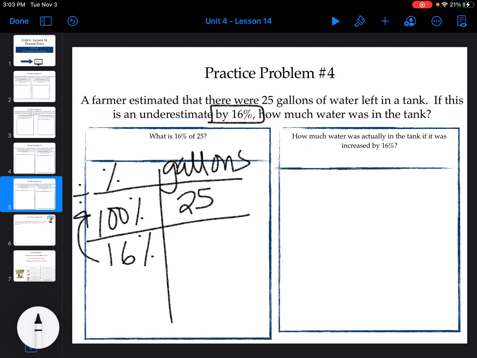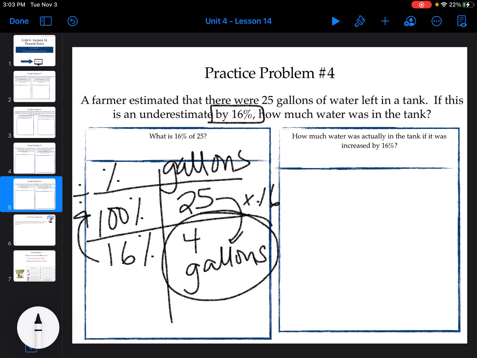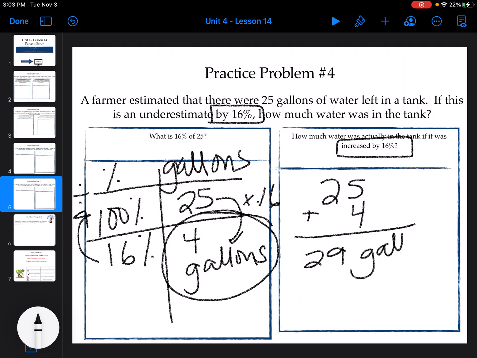So 16 divided by 100, I get 0.16. So I'm going to go this way times 0.16. And I get 4. So my answer would be 4 gallons. But then it says how much water was actually in the tank if it was increased by 16%. So we're increasing it by that 16%, so 25 plus the 4 gallons, so the tank actually holds 29 gallons.